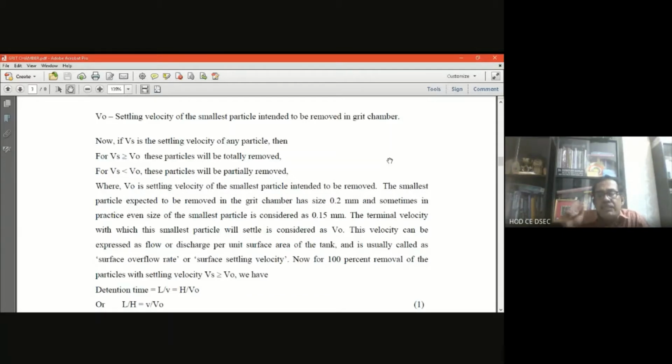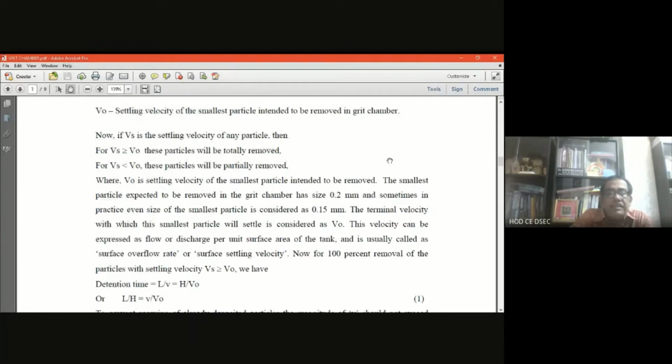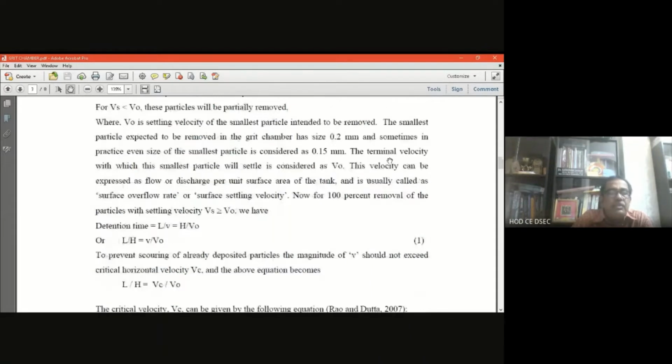The terminal velocity with which this smallest particle will settle is considered as V0. So 100% removal will take place if Vs is greater than or equal to V0.